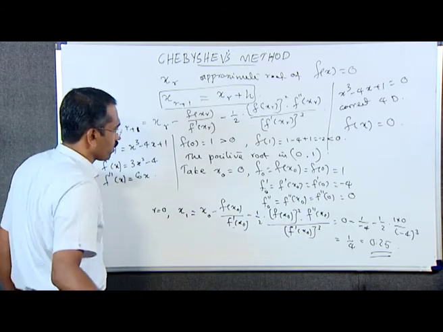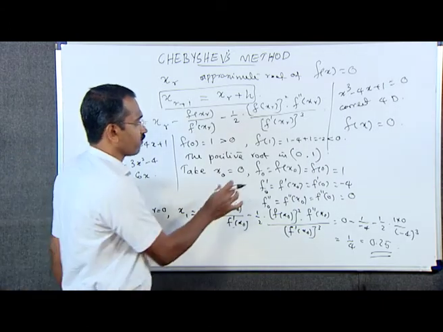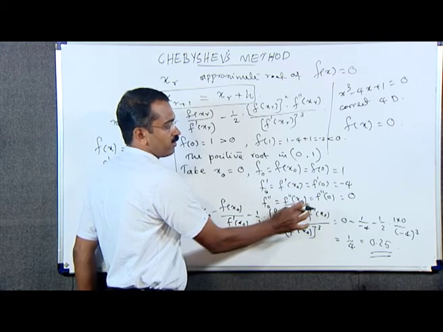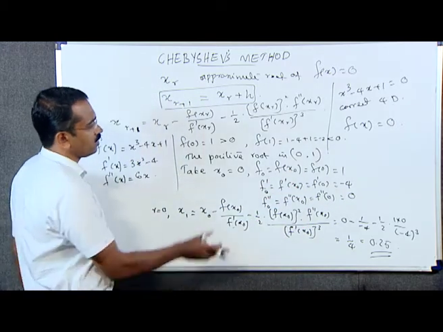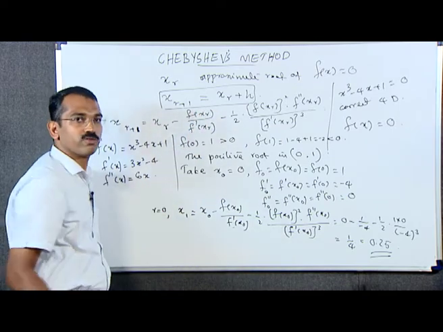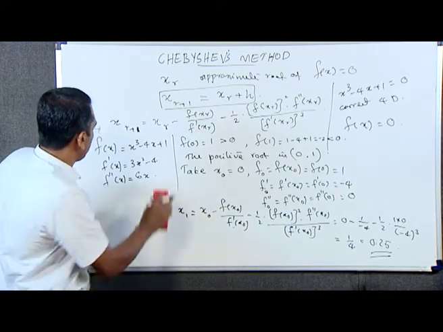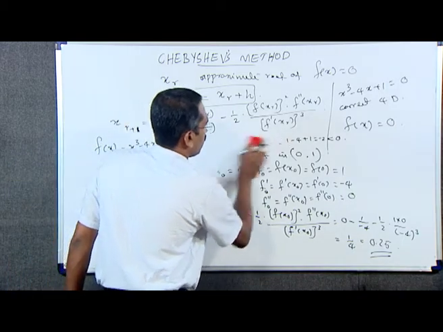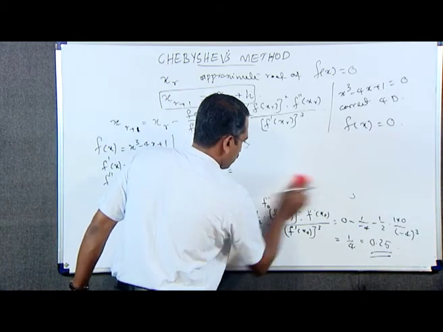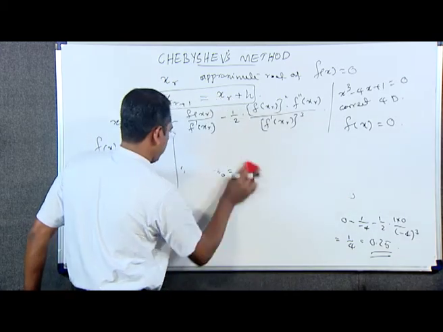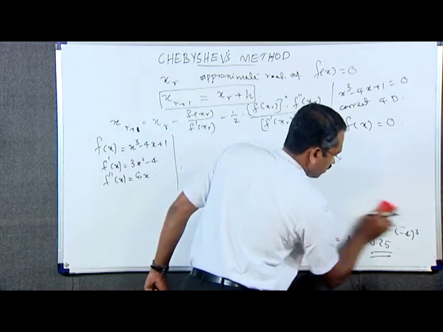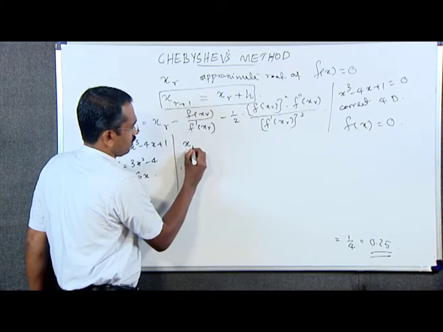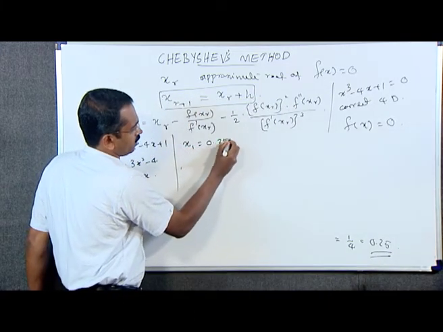Now, we evaluate f of x1, f dash of x1 and f double dash of x1, and substitute in this formula, taking x1 as 0.25.